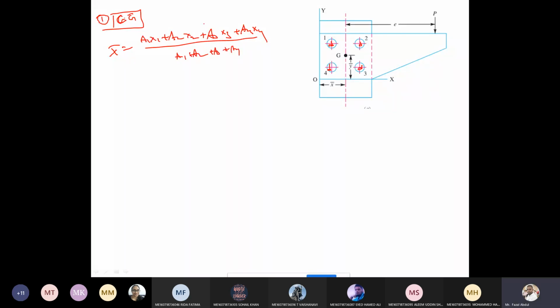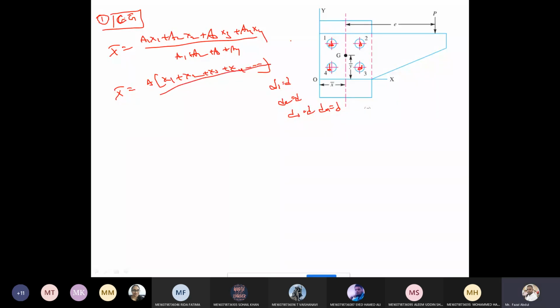Now the area of all the rivets is the same because we are taking the same size. It means D1 equals D, D2 equals D, D3 equals D, and D4 equals D. All rivets have the same diameter, so A is common. Taking the common A out, we get x1 plus x2 plus x3 plus x4 and so on.